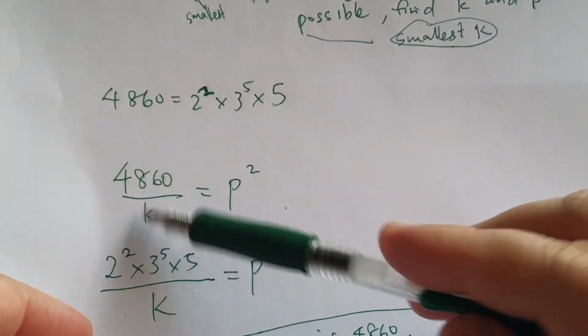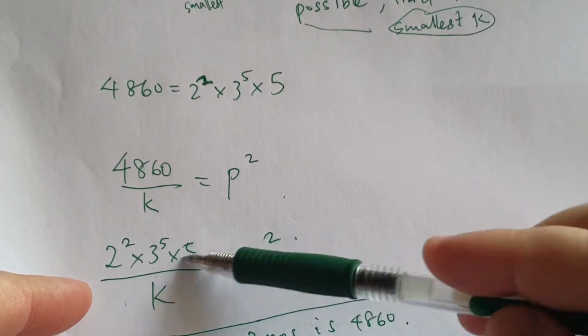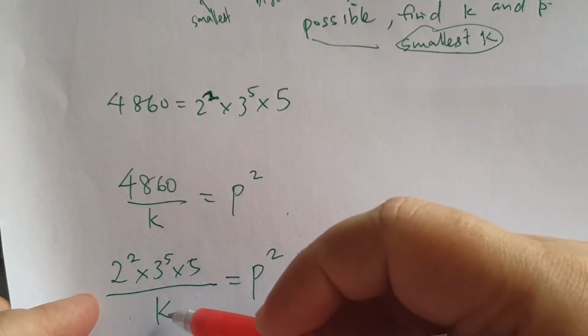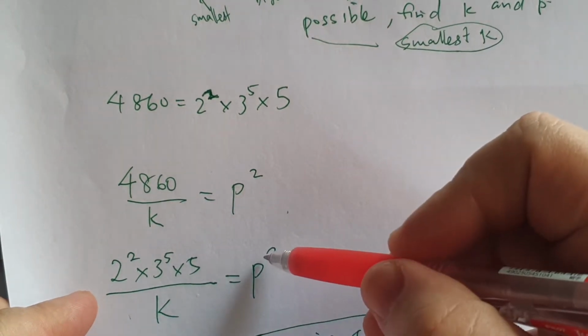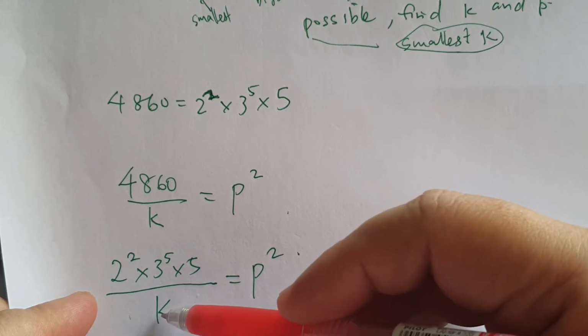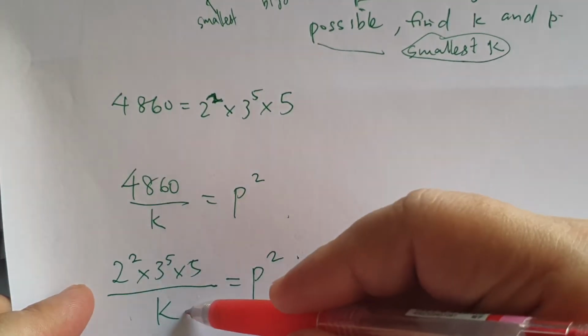I've written this as this over this. Now our job is to determine what k should be. It is not possible to find p first because you don't even know what k is. So that's why you must find this first.